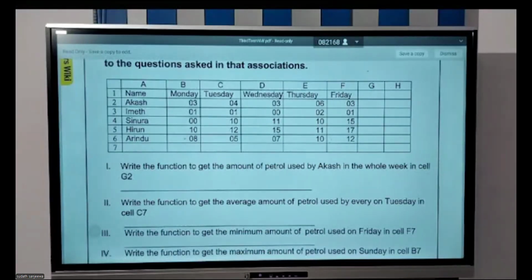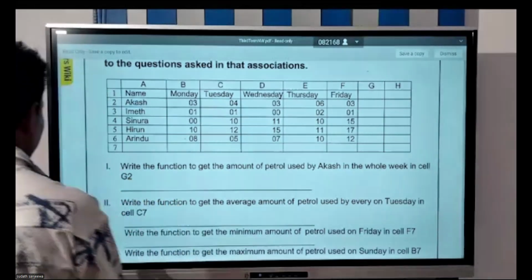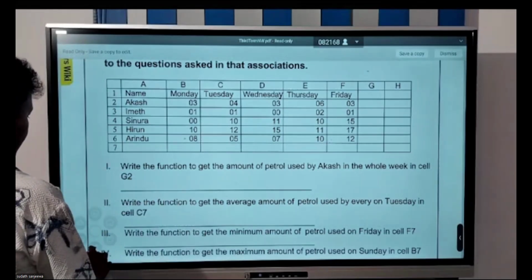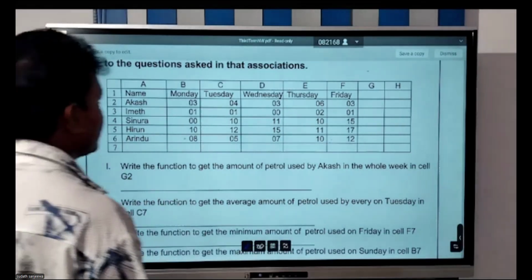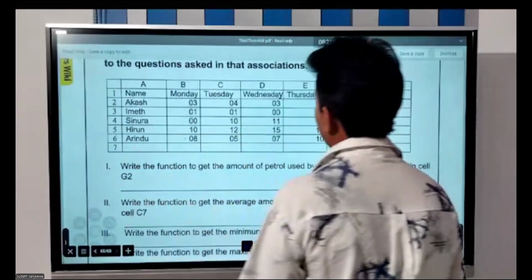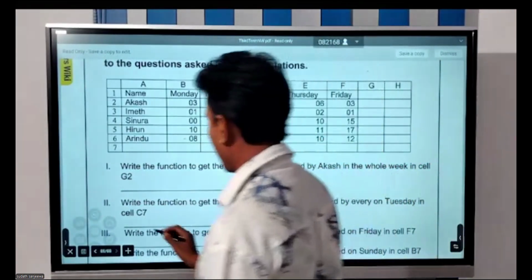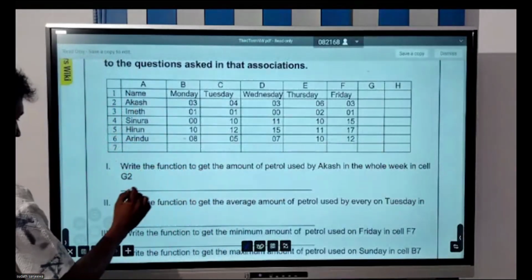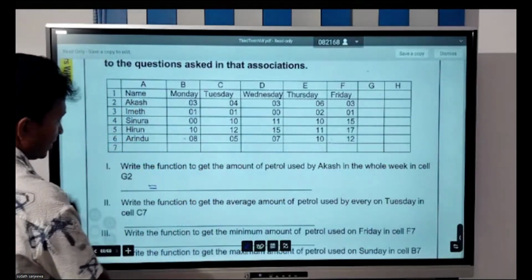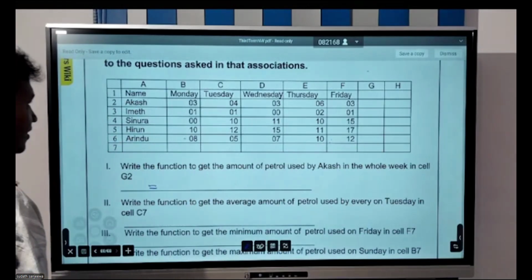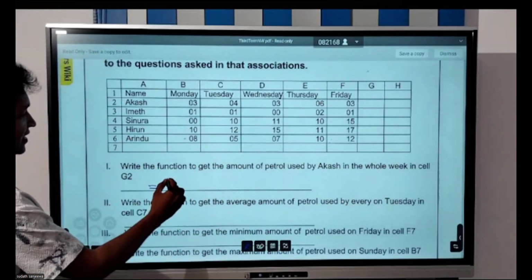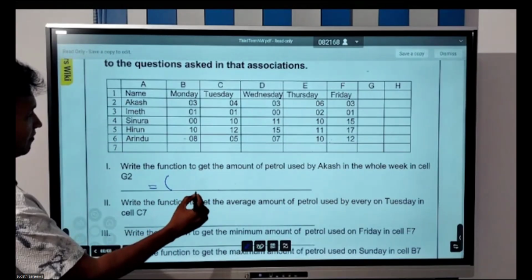What is the answer? G2 equals, inside the brackets, B2 plus F3 and close the bracket. Open the bracket, okay.